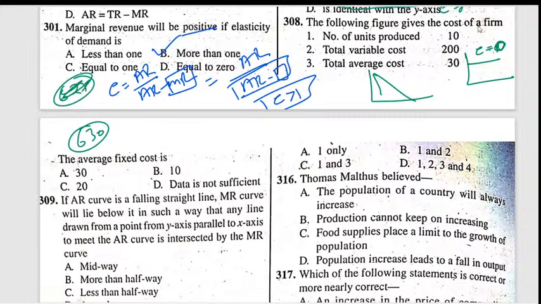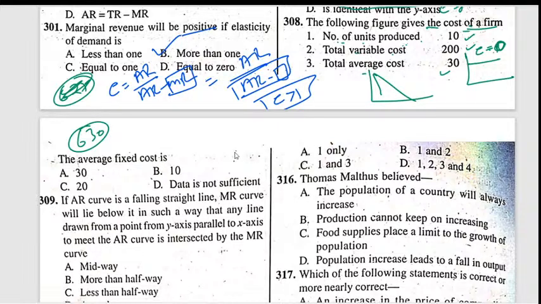The following figure gives the cost of a firm. Number of output produced 10, total variable cost 200, total average cost 30. So here it is talking about the average cost.